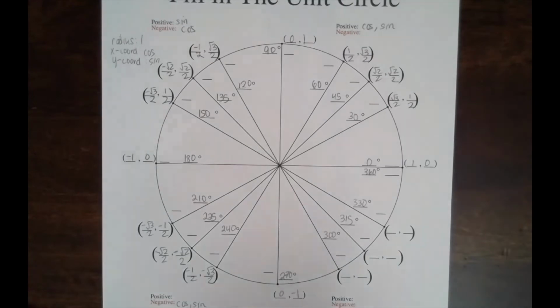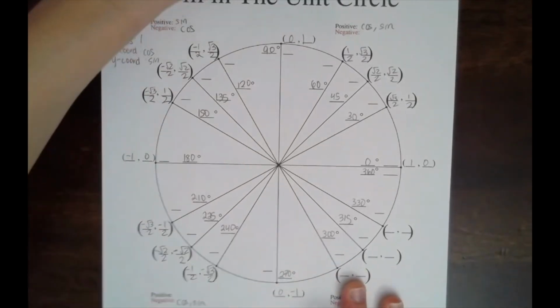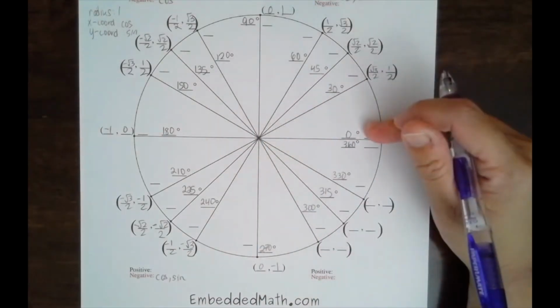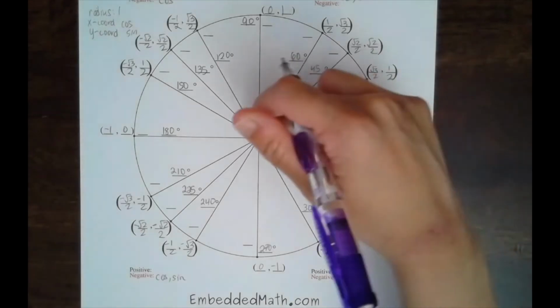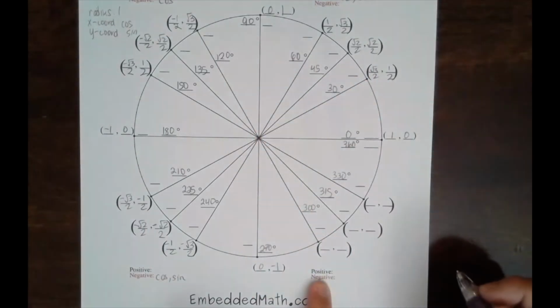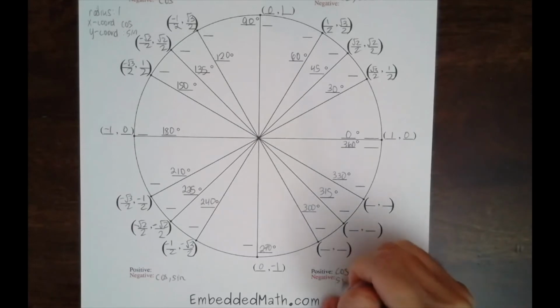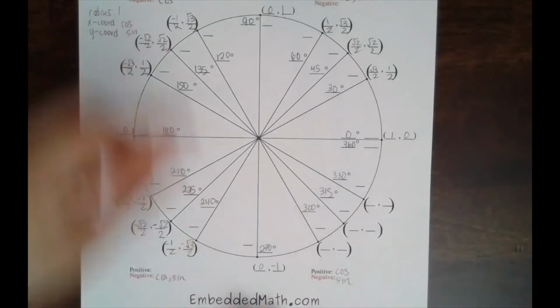Okay. Now, the last quadrant here is the fourth quadrant, and x is positive, y is negative. So cosine is going to be positive, and sine is going to be negative.